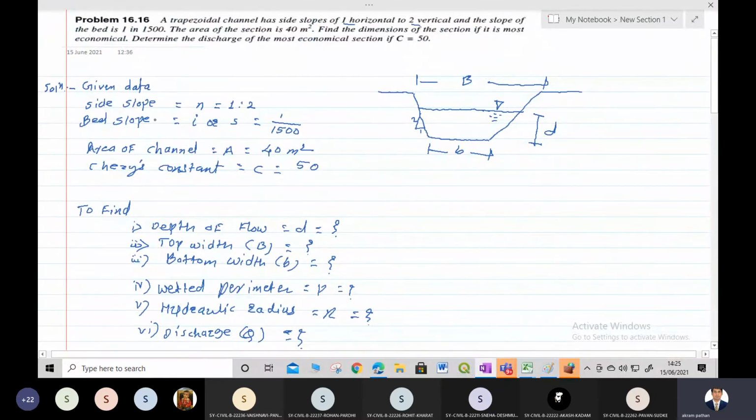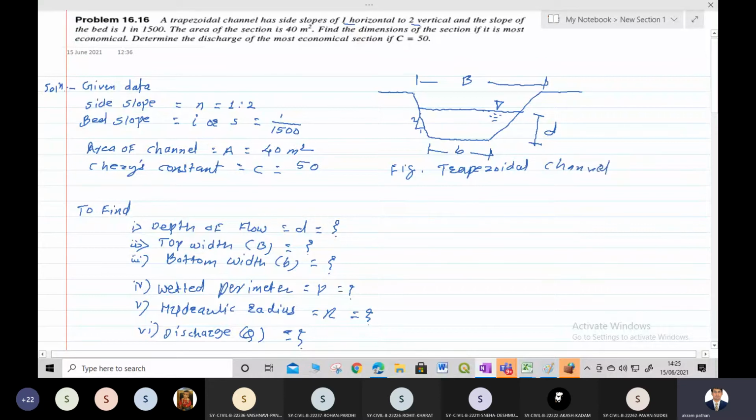So in this particular problem, we have written the given data, whatever data is given. You have also drawn the diagram. You have also mentioned the name, trapezoidal channel section. Okay, this is the figure for the trapezoidal channel.